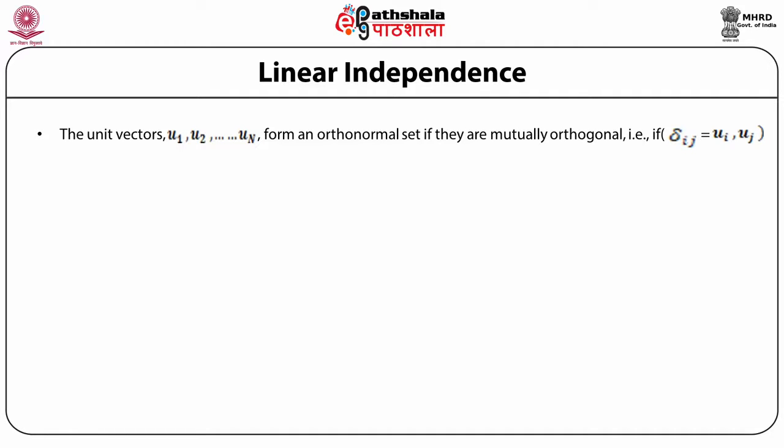Mathematically, this can be defined as: if there are two vectors ui and uj, then the scalar or inner product of the vectors ui and uj is equal to delta ij, where delta ij is 0 for i not equal to j and is equal to 1 for i equal to j.